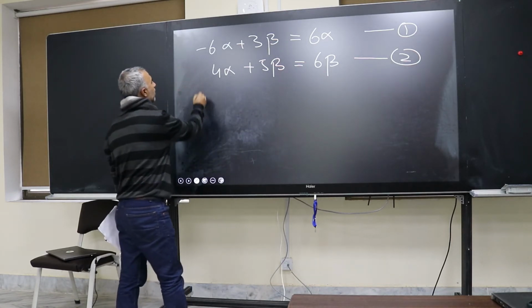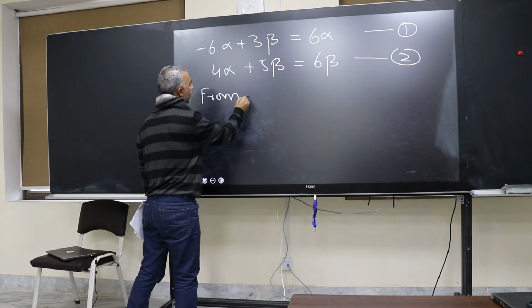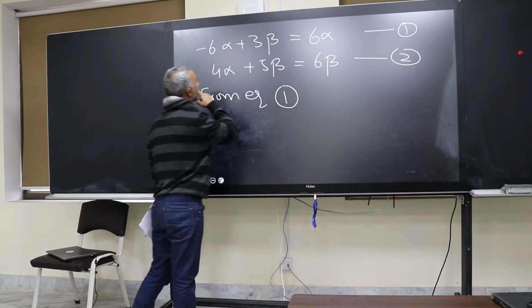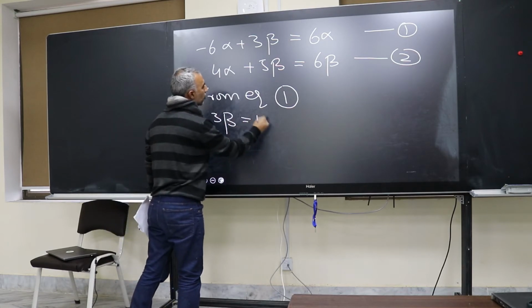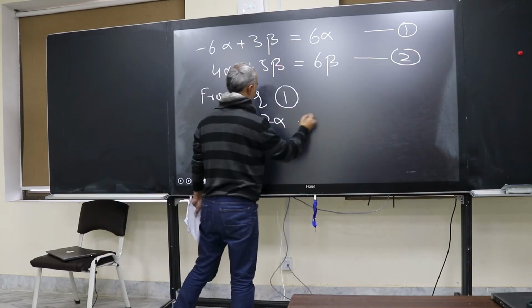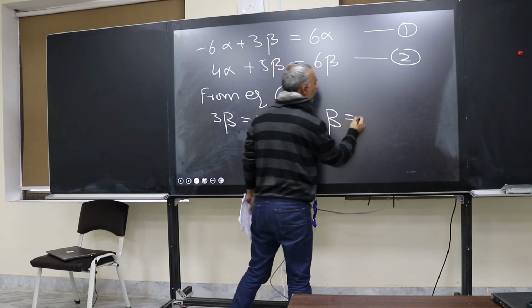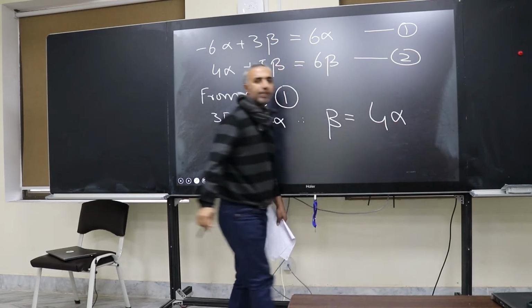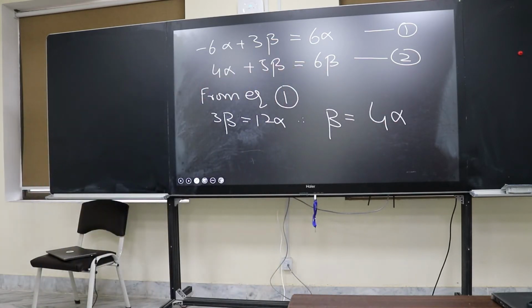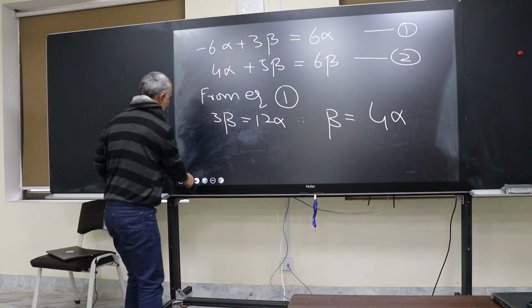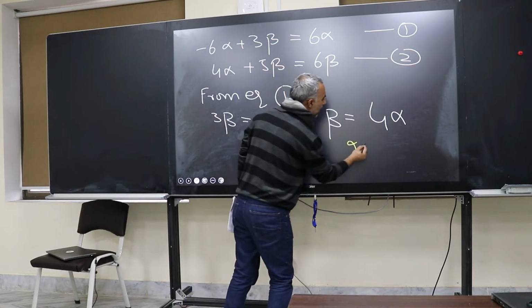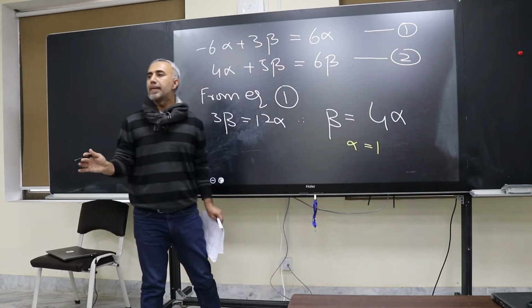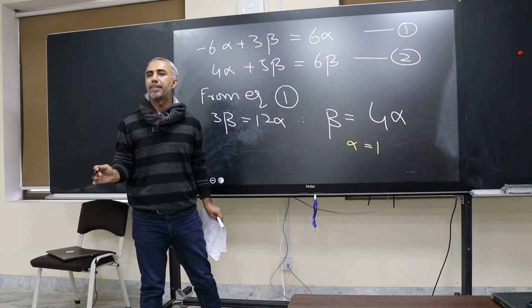From equation 1, you can write 3 beta equals 12 alpha, or simply beta equals 4 alpha. If alpha equals 1, then what will be the value of beta? 4.